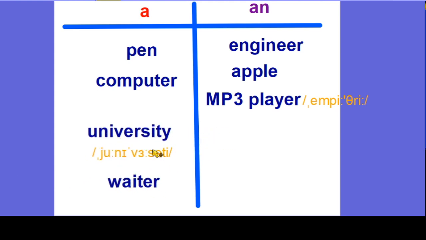So these are not exceptions, like "university" is an exception to the rule, "MP3" is an exception to the rule. No, this is the rule. Whenever you have a vowel sound, you should use "an" before it. Whenever you have a consonant sound, you should use "a" before it. In English, "ya" and "wa" are treated as consonants.